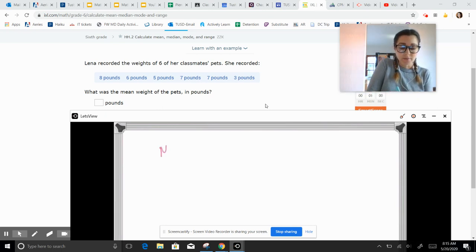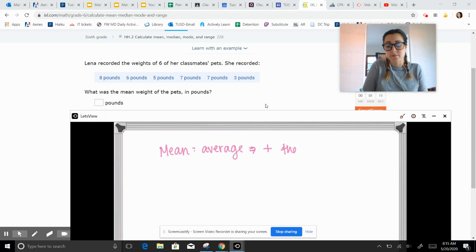So just as a review, the mean means the average of your data, and in order to do that, you add everything together and then divide by how many you have. Okay, so get the sum of everything and then divide by how many items you have in your pile, your group, okay?